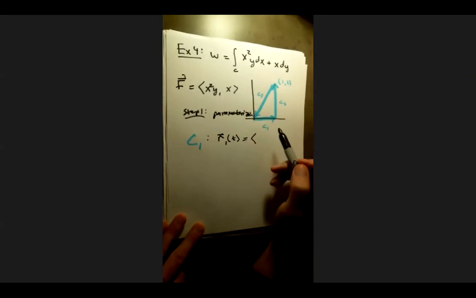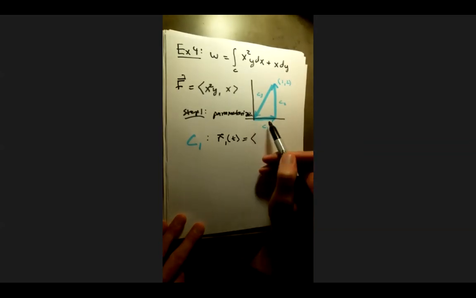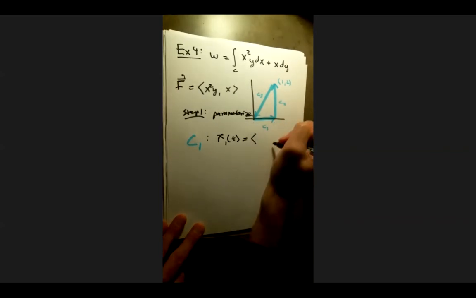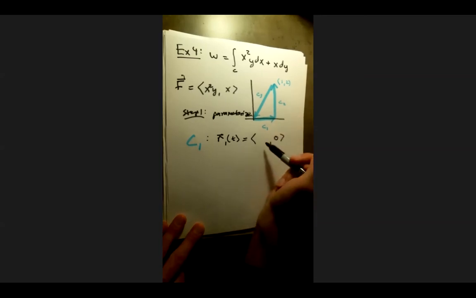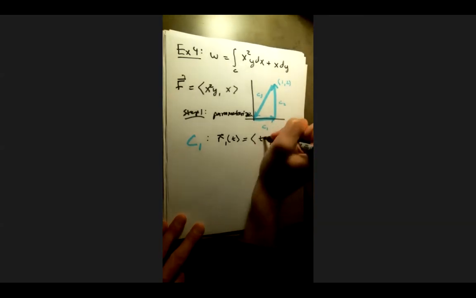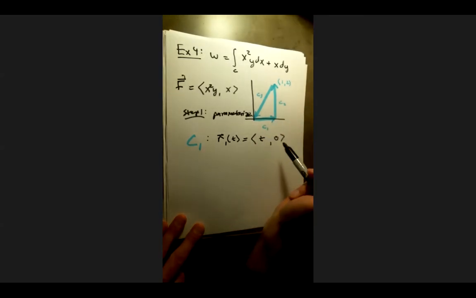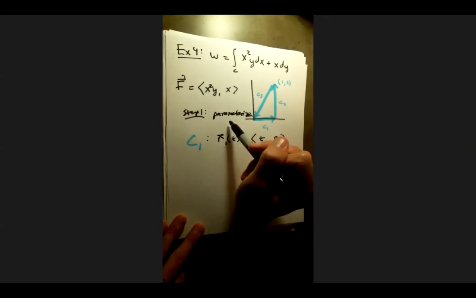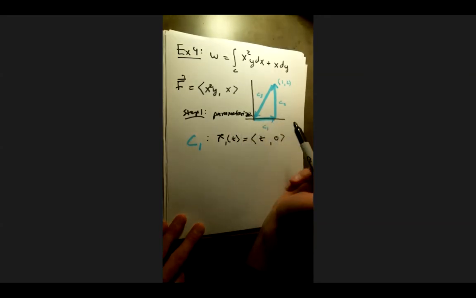This is moving along the x-axis. The y component is always going to be 0, and then our x component is going to vary. So I'm going to let the x component be my t, the y component be my 0. This will give me the entire x-axis.